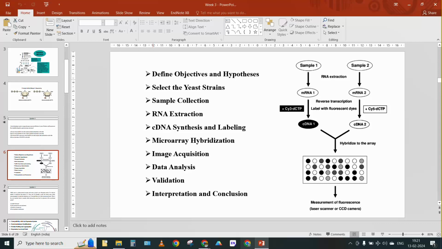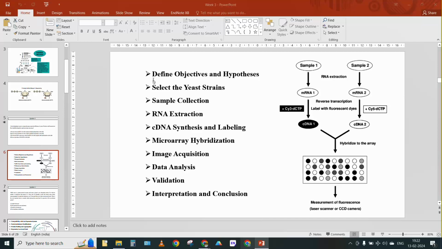Then he'll select the yeast strains. Choose representative yeast strains from both Kashmir and Kanyakumari, ensuring that the strains are well characterized and have known genetic backgrounds. Further, the strains should be cultured under identical conditions to minimize environmental variations.